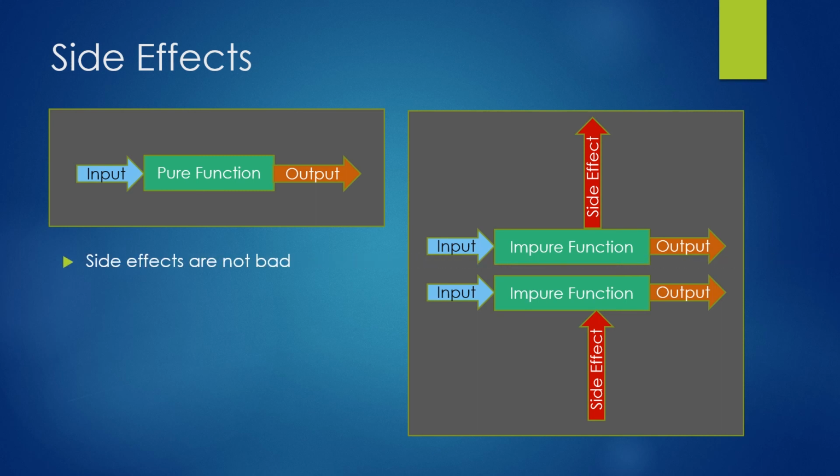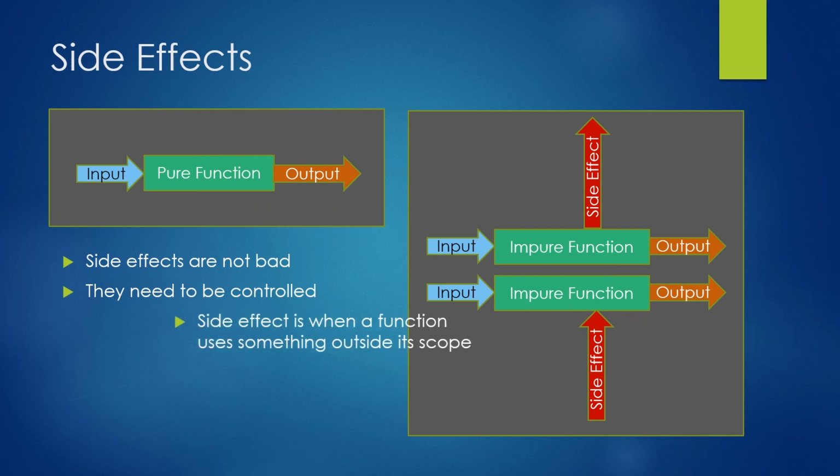So side effects are not bad. They're useful and necessary for programs to work, and that's why we have imperative programs or object-oriented programs to do that kind of work. But they need to be controlled. Side effects have to be carefully managed so that we can ensure that if anything bad happens, such as an exception, we handle that properly.